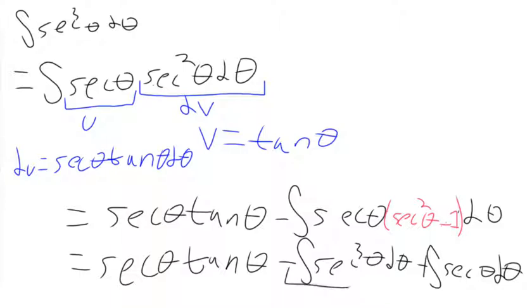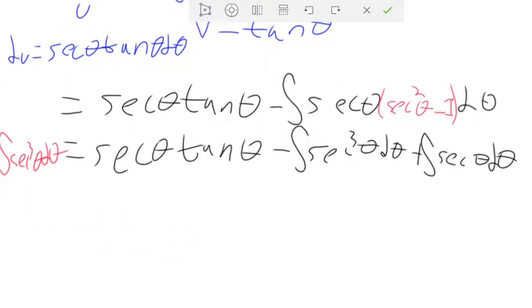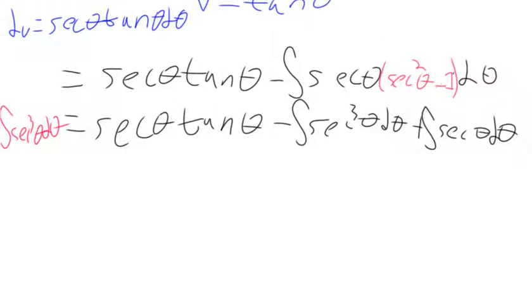Once again, I see a repeat of the original, so I'm going to bring that down. I know that the integral of secant cubed theta d theta is equal to all this. And now I'm going to add this integral on both sides. Add it here, and I will add it here.